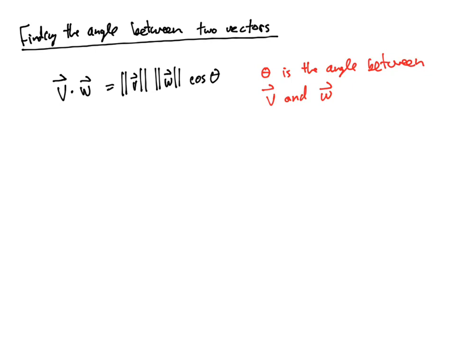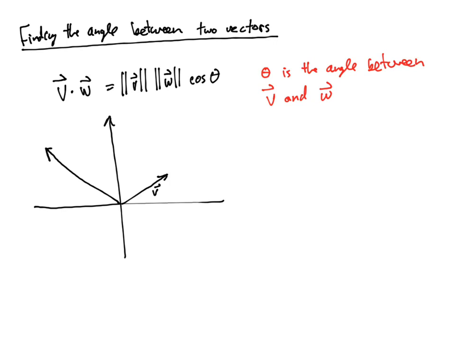So visually what we'd have here is, let's say I had vector v here and vector w here. Okay, I can find the magnitude of both of those vectors. That would be these values. And then this angle here is the angle in between the vectors.